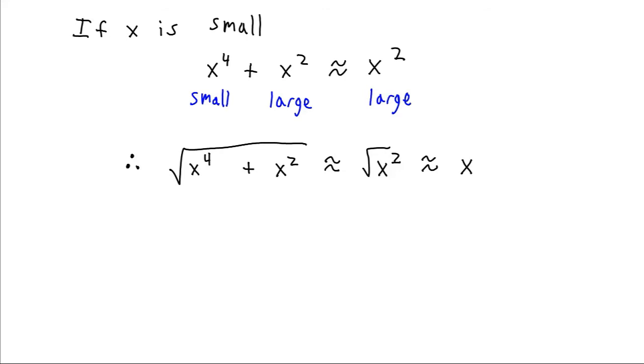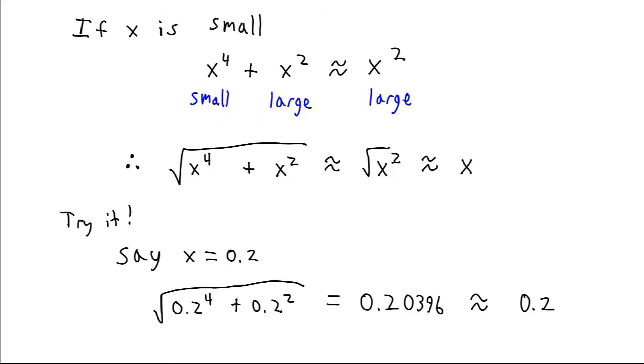So for our radical expression, whatever is under the radical, we're going to say that's about equal to x squared. And we take the square root of that, and we get about x. So this whole thing should be about equal to x. Let's see if that works out. So let's say that x is something like 0.2, about a fifth.